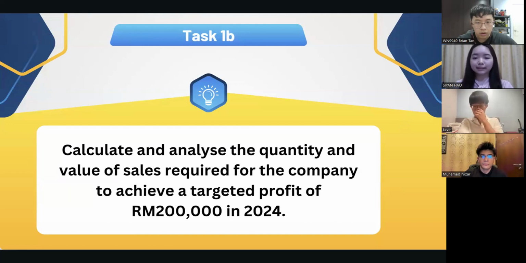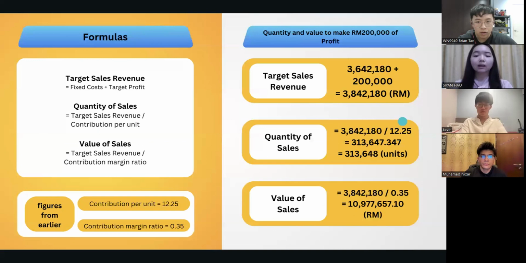Next is question B. In order to calculate the target sales quantity and sales volume, we use these formulas. In order to have a profit of 200,000 ringgit, our sales should exceed the total cost by 200,000 ringgit.